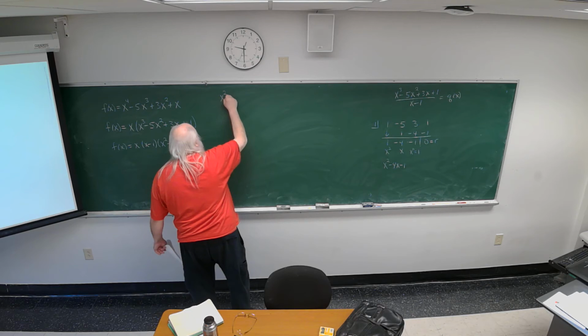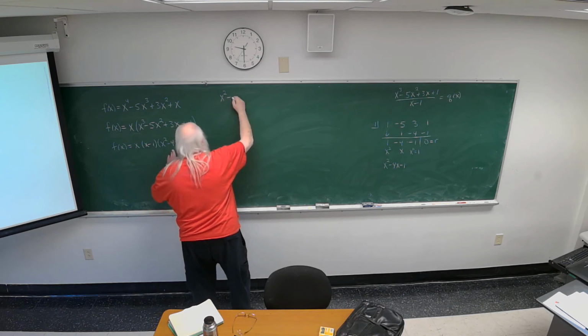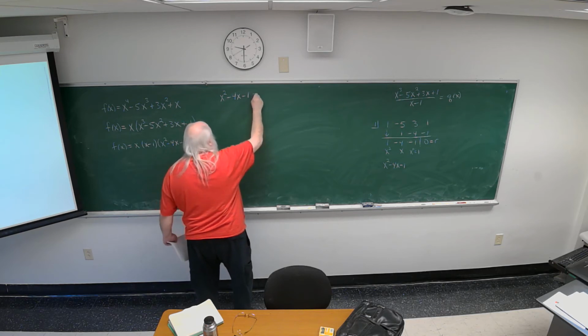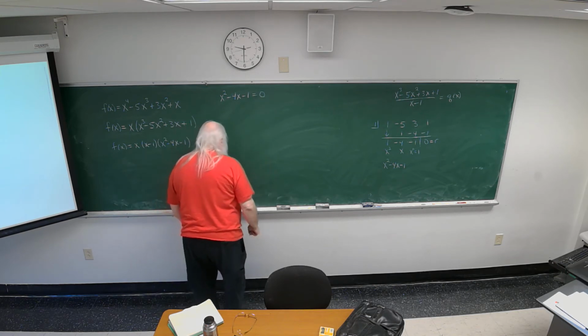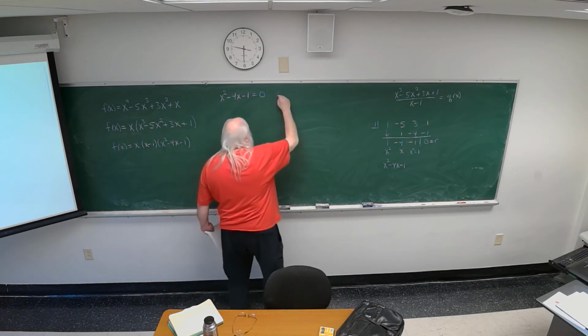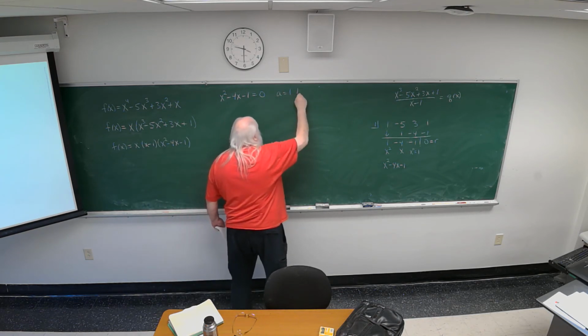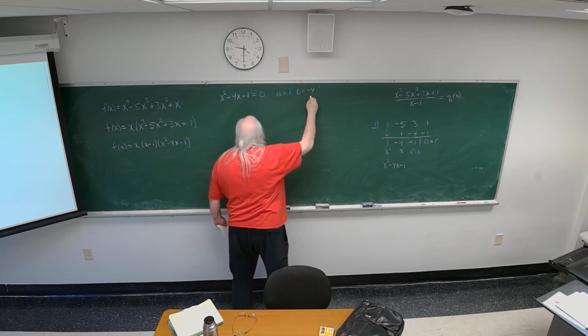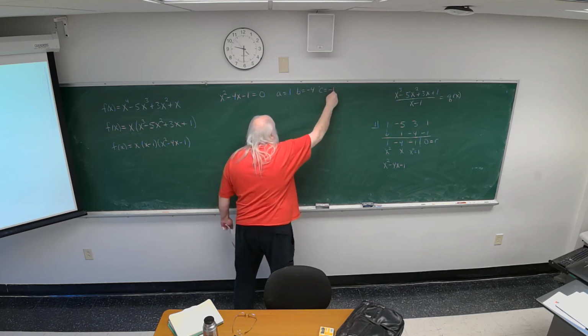So, to find the last two zeros, we set x squared minus 4x minus 1 equal to 0. And then we solve for x using the quadratic formula. A is equal to 1. B is equal to -4. C is equal to -1.